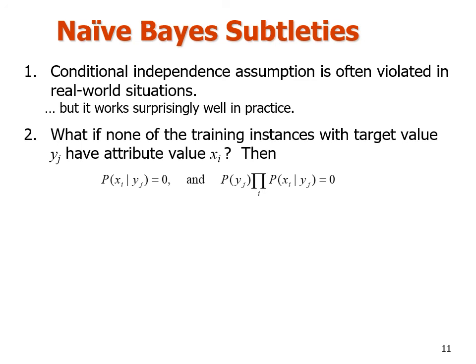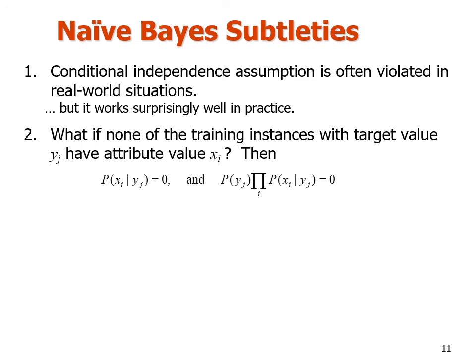For example, in our problem of having the weather conditions and the prediction for whether to play tennis or not, there is no instance with target value play tennis equal to no that has outlook value overcast.